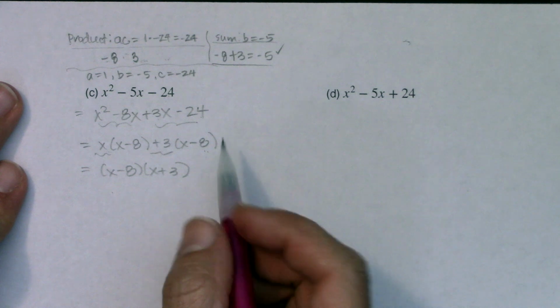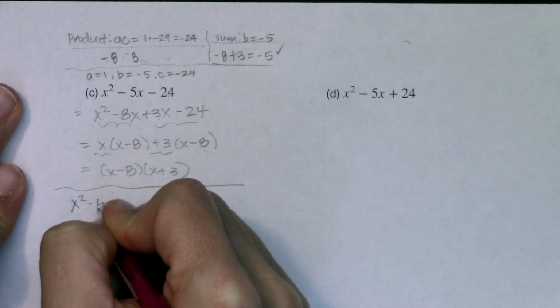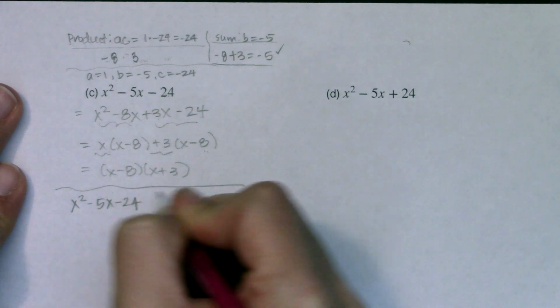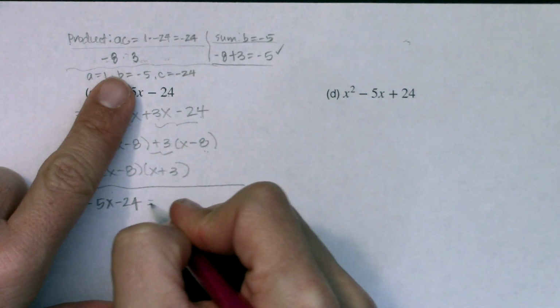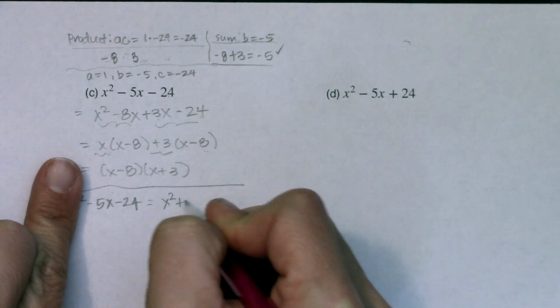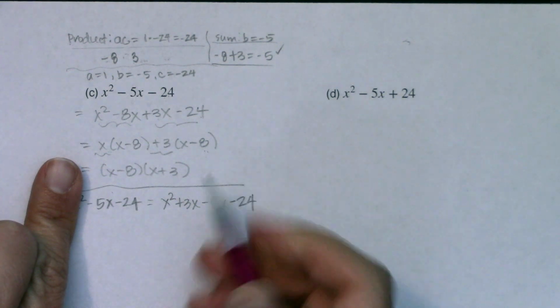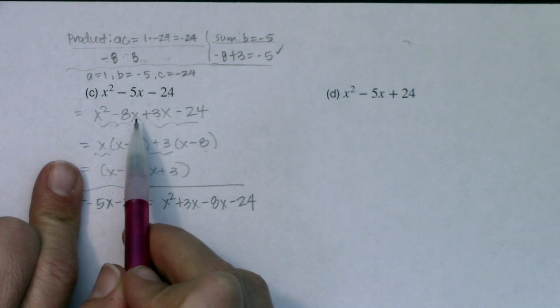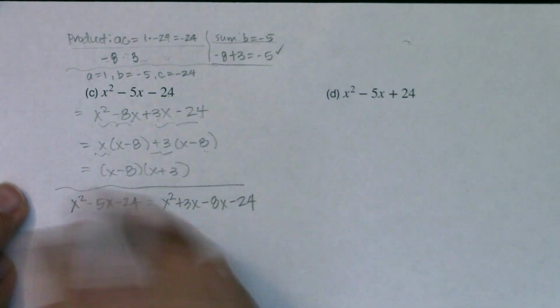Okay, fantastic. Now I want you to see, if I split this the other way, if I did x squared minus 5x minus 24, if I had written the 3 first and then the negative 8, so what happens when you do x squared plus 3x minus 8x minus 24? If I had written them in the opposite order, so here was negative 8x plus 3x, here it's 3x minus 8x.